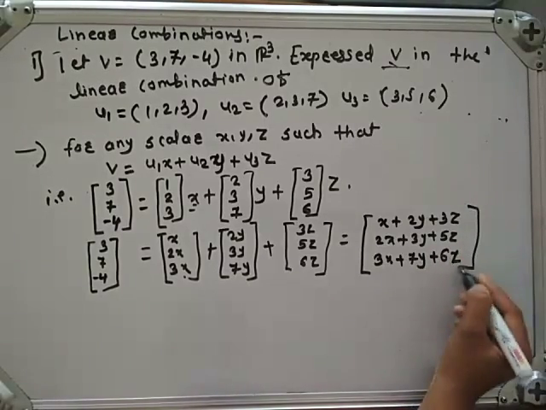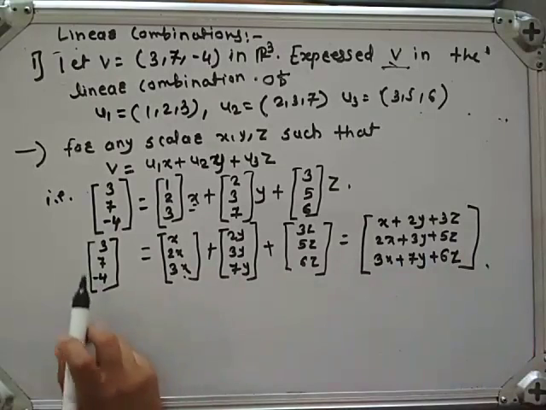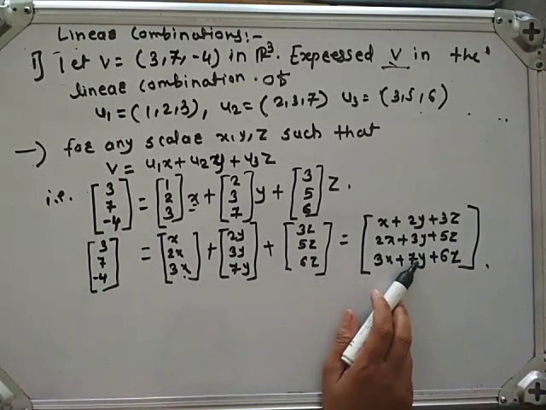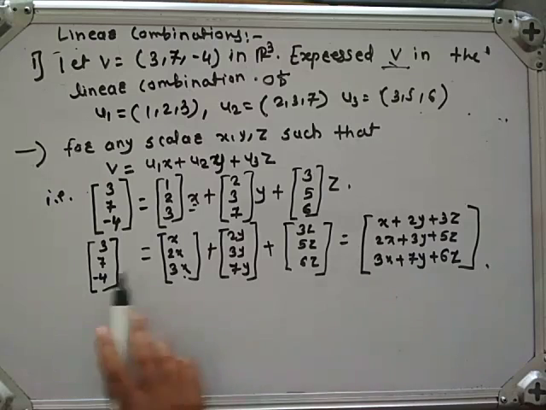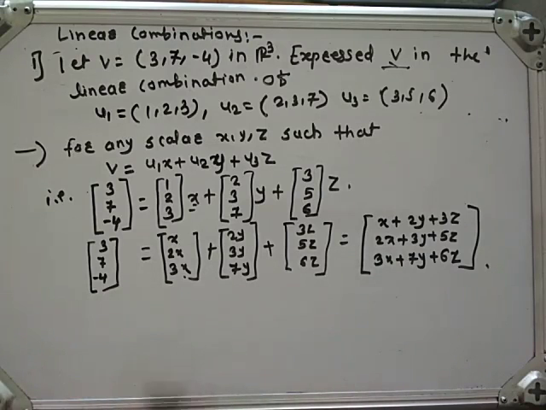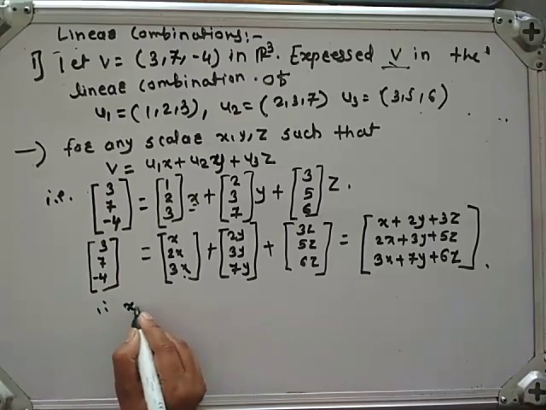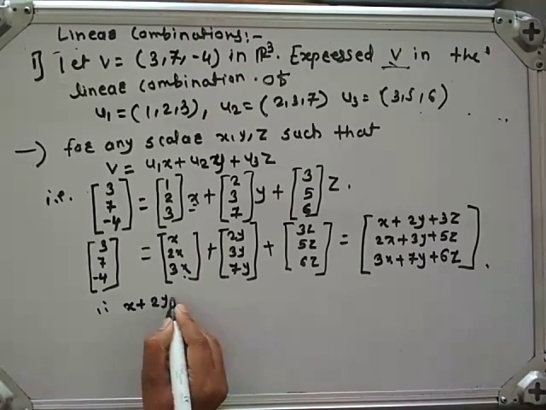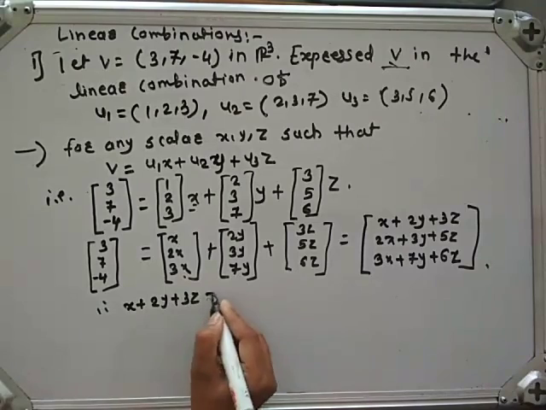Okay. See here, these two matrices, means this matrix 3, 7, minus 4 and this matrix are equal. Okay. When two matrices are equal, their corresponding entries are equal. Therefore, what we get? We get x plus 2y plus 3z is equal to 3.